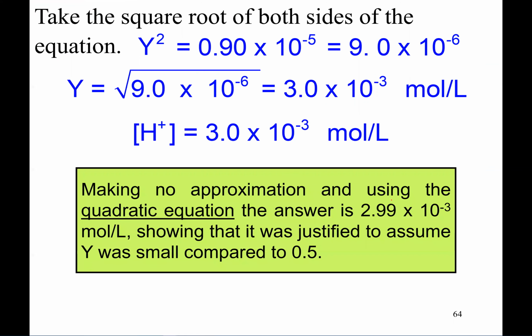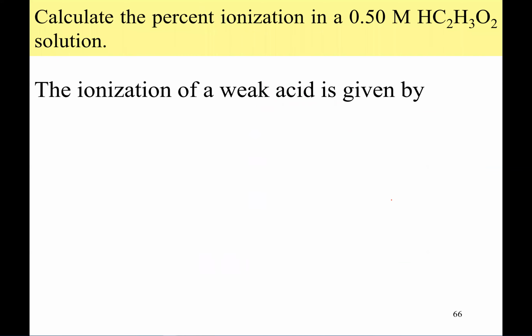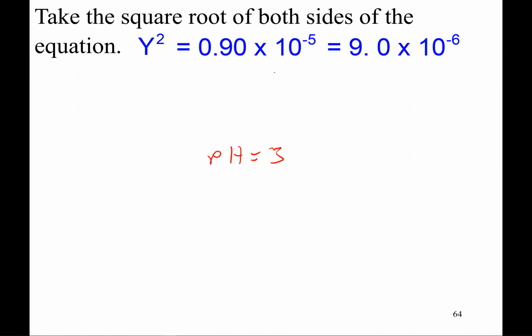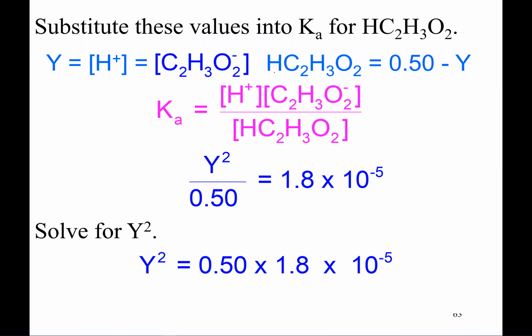So in this case, if you use the quadratic equation, you get 2.99. So it shows the assumption is justified. And then essentially you can get the pH here. The pH would be equal to 3 for that molar solution of acetic acid.